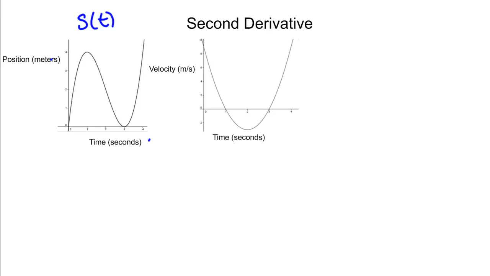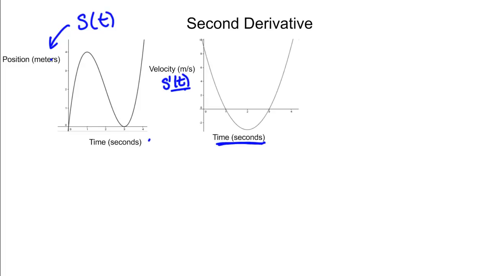So now we're going to graph that new s prime of t, which was our velocity, on the y-axis. And our x-axis doesn't change. So this was our s of t. But now we graph the derivative with respect to time.